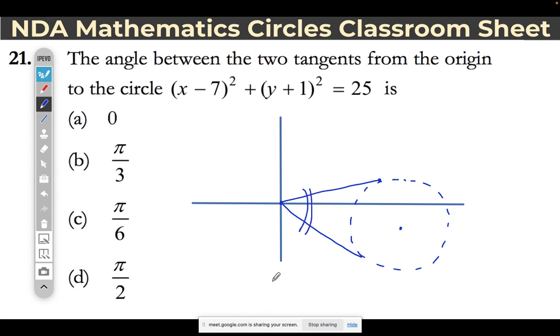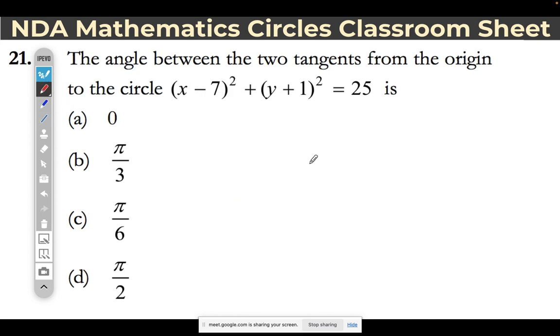What is the angle between them? Suppose you don't get the graph, then how will you do it? You will say, sir, this circle, the center is 7 comma minus 1. This is the origin, sir. If we connect them, this is root 50. Say yes.